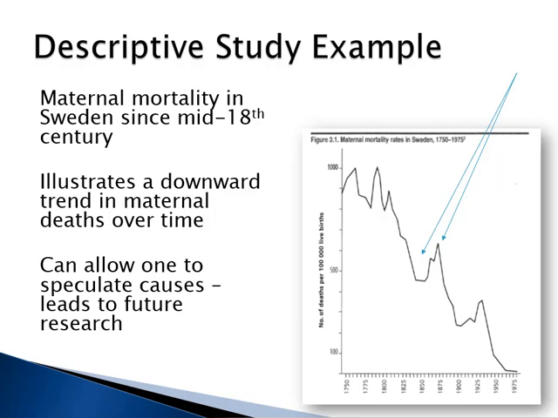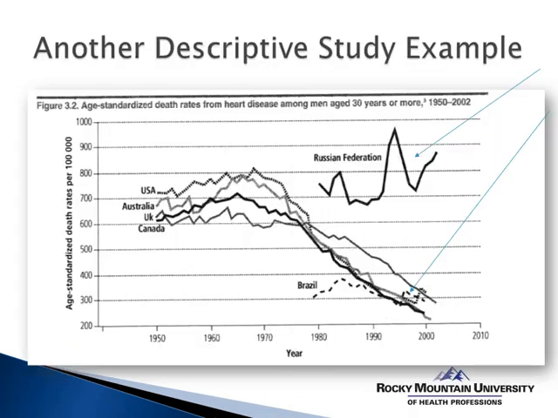As things decreased, for example, around the 1850s there, why did it shoot back up in the 1870s? What was going on at that time? That type of information is valuable to epidemiologists because it can help us understand what increases the risk of death and disease in a population.